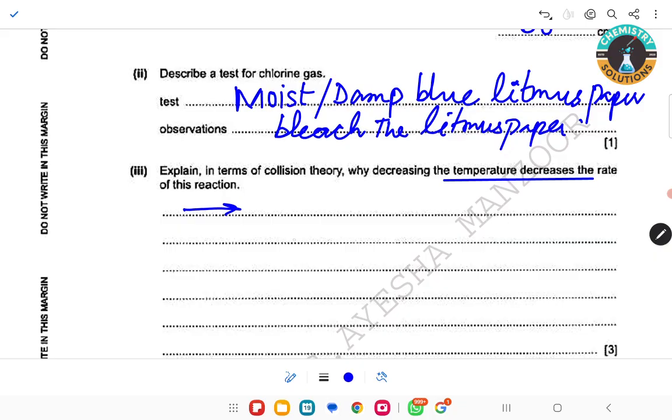Why does the rate decrease? Number one, the kinetic energy of the particles decreases.